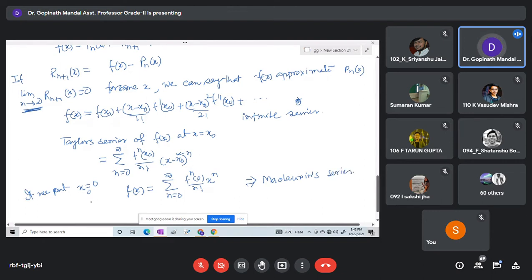So the Maclaurin series is an expansion about x0 equal to 0.